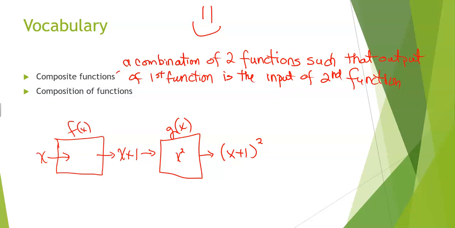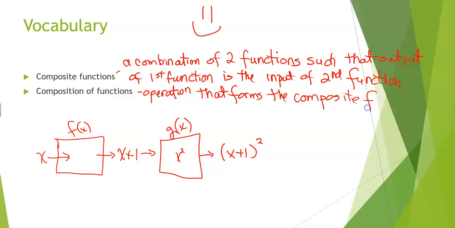Now the composition of functions is just the operation that forms the composite function. And we designate it with a little circle. You might remember some of this in geometry, a similar idea.